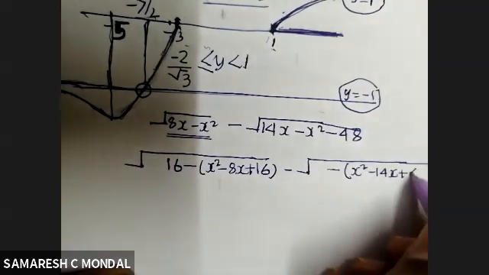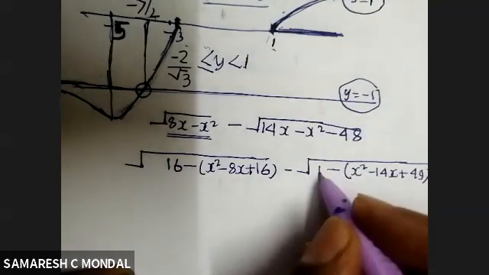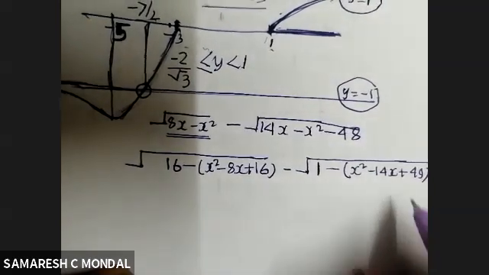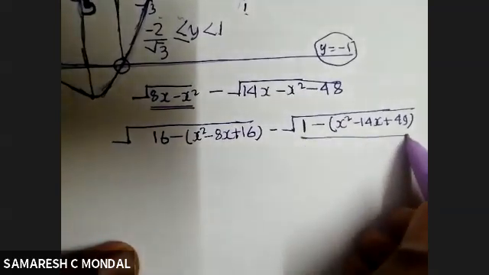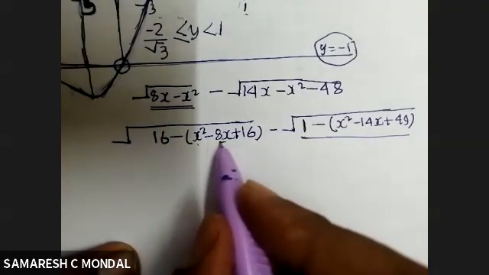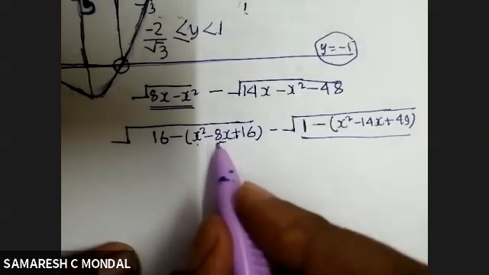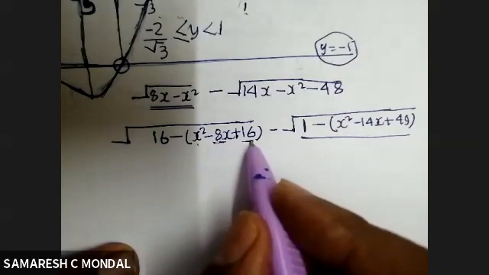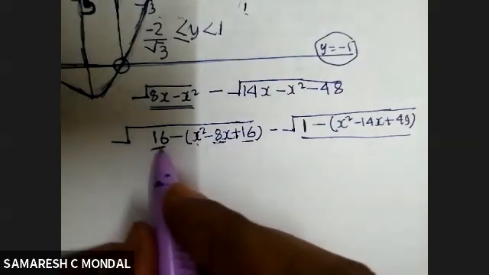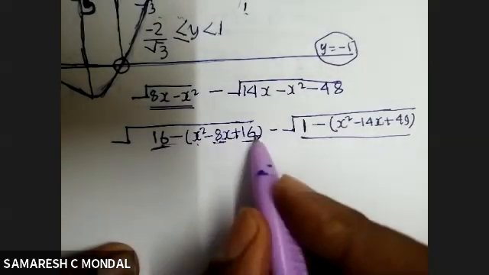So to make it square, I need to write 49. Is it okay? I just wanted to make it into a whole square. x square minus 8x. So to make it square, coefficient of x is 8, half of 8 is 4, square of 4 is 16. So I subtracted, added 16, 16 gets cancelled.